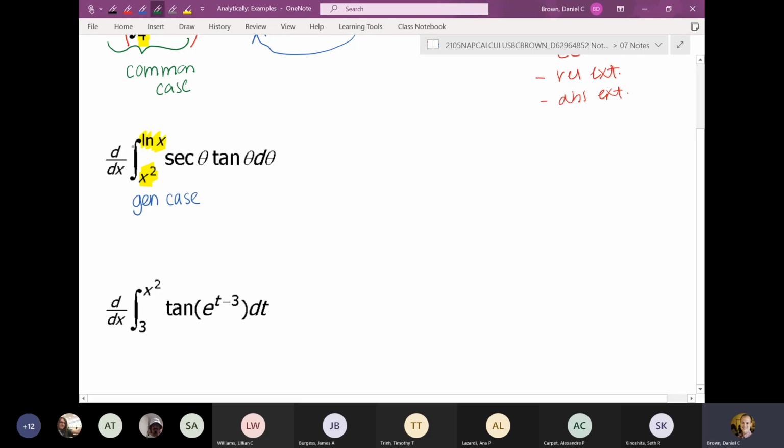And again, the idea behind the second FTC is we're taking the derivative of an integral. Maybe we need to write the tangent line of this integral defined function, or maybe we need to find where this integral defined function has a horizontal tangent line. So taking its derivative, plug in the top, so that's going to become secant natural log of x tangent natural log of x times the derivative of what we plugged in, that's from the chain rule, minus plugging in the bottom, secant of x squared, tangent of x squared, then chain rule times the derivative of what we plugged in.